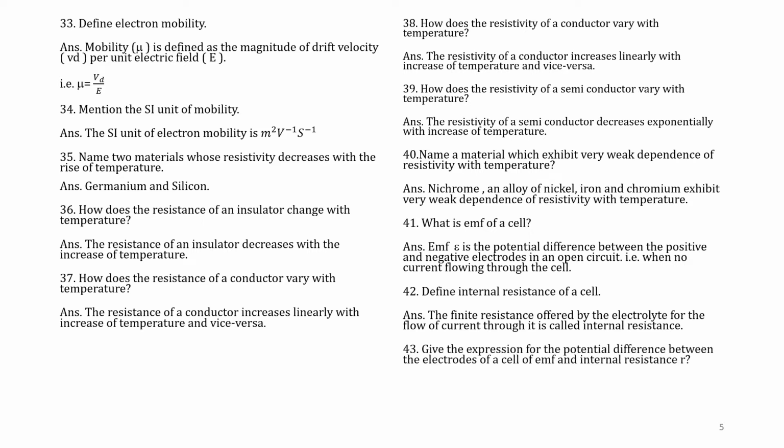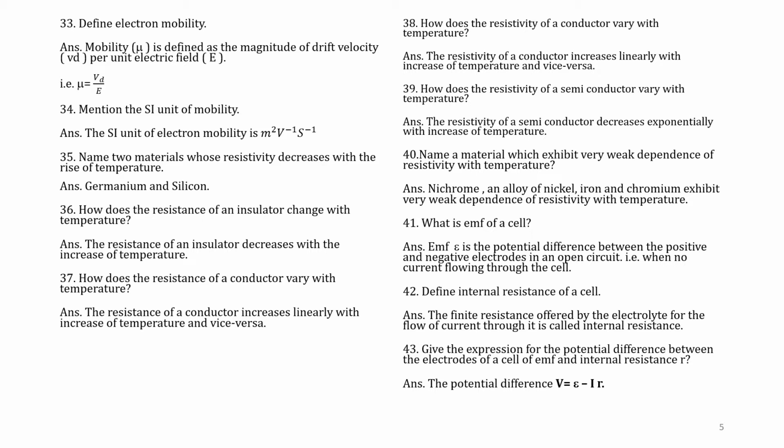Question number 43. Give the expression for potential difference between the electrodes of a cell of EMF and internal resistance. So you have to write the relationship between voltage, EMF, and internal resistance.